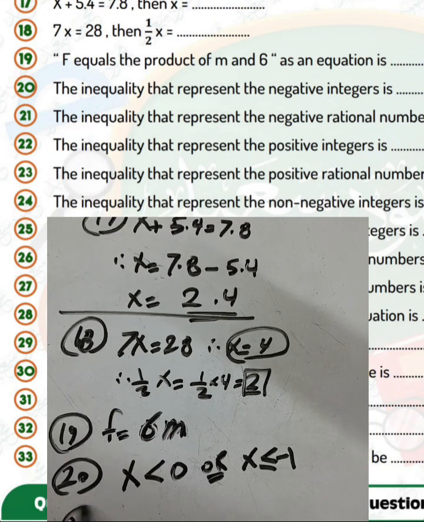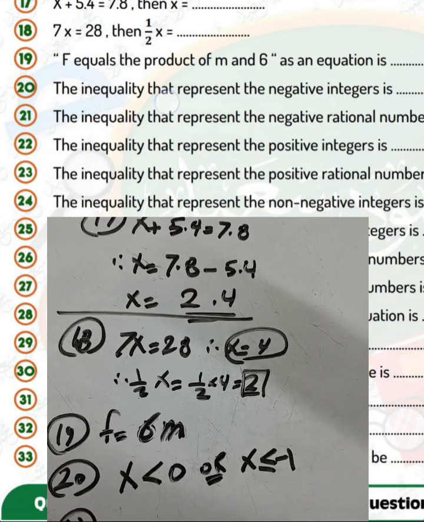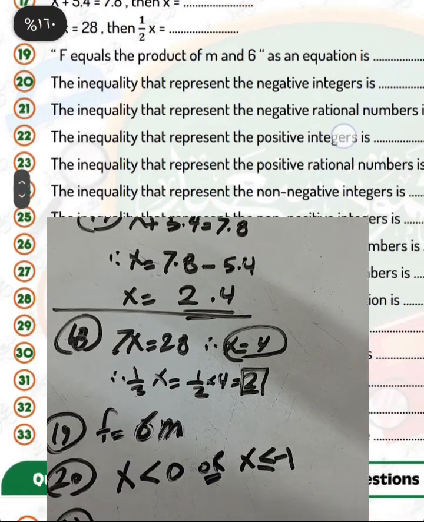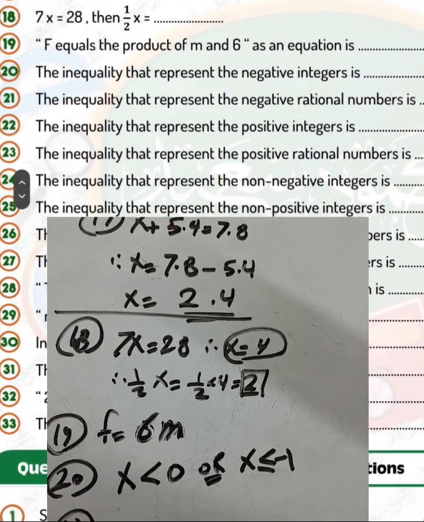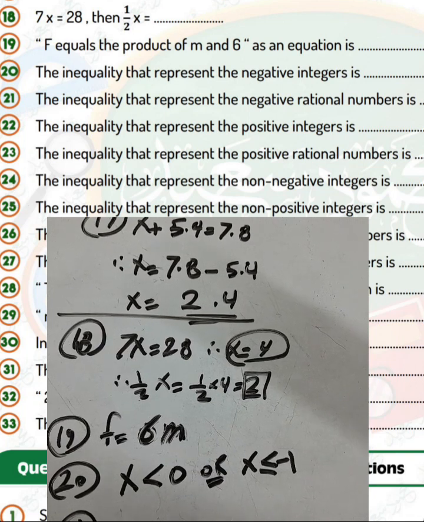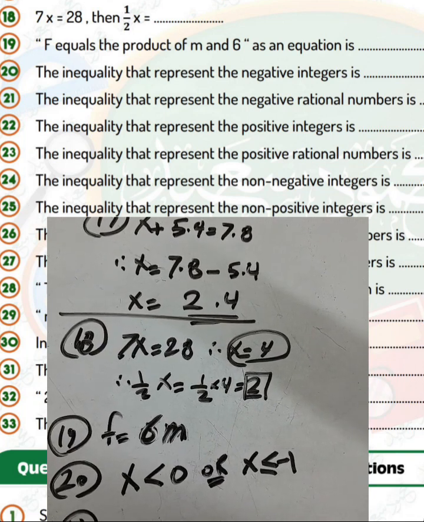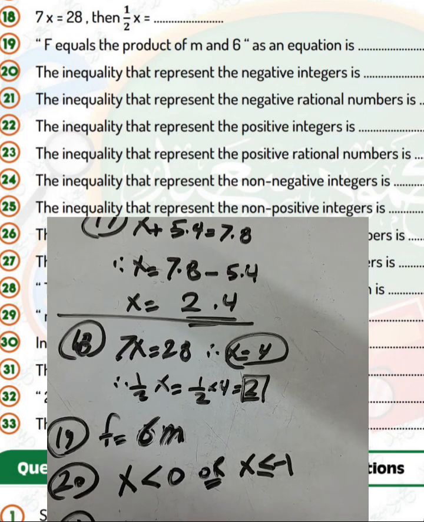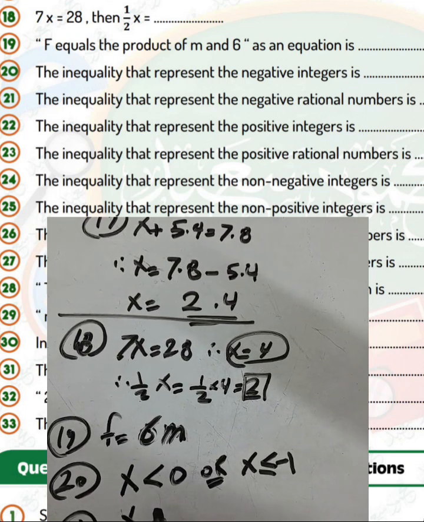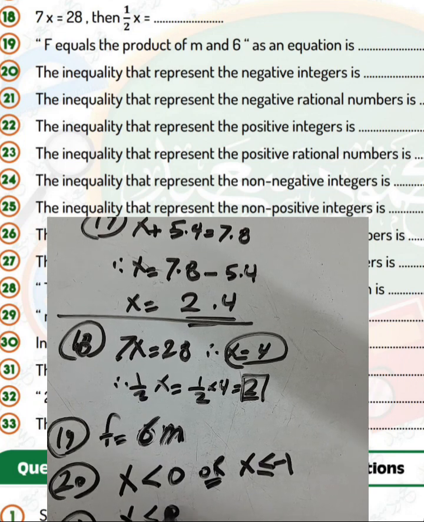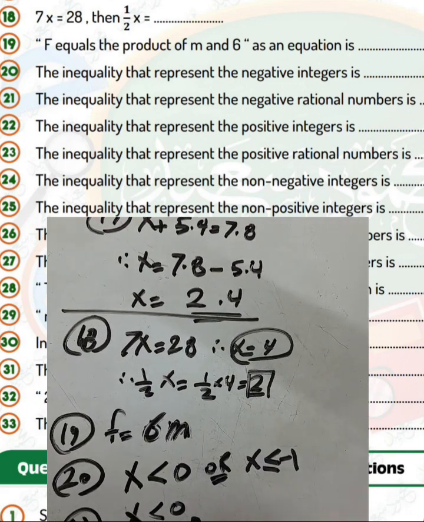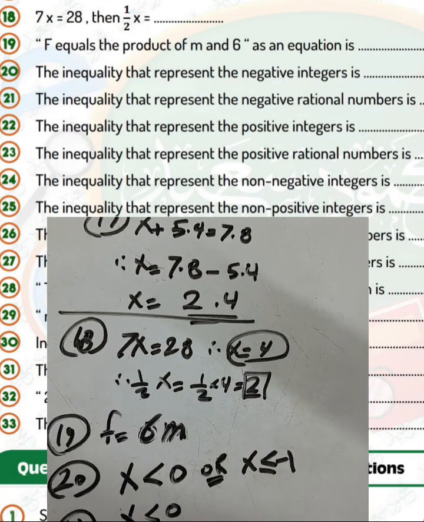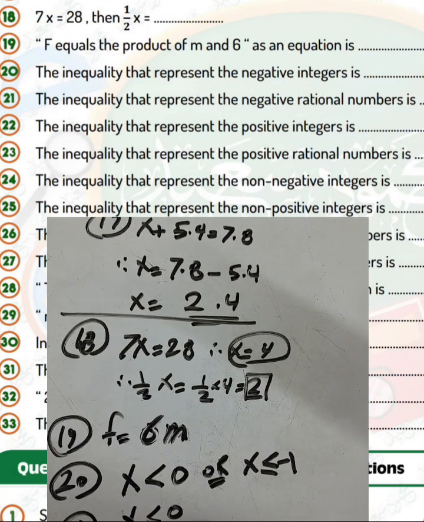Question 21. The inequality that represents a negative rational number is blank. Negative rational number, it will be what about question 21? It will be x less than 0. Here in question 21, the inequality that represents the negative rational numbers is x less than 0.